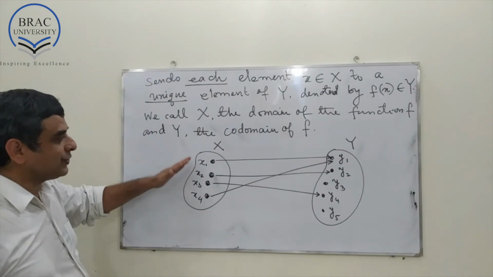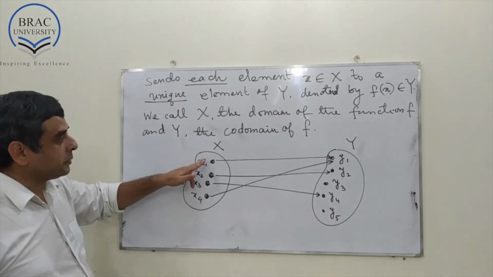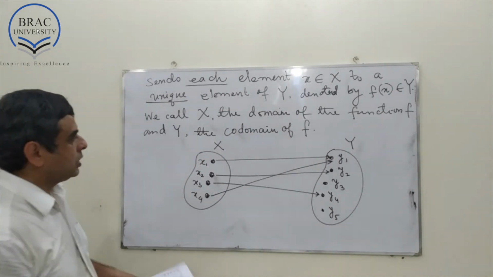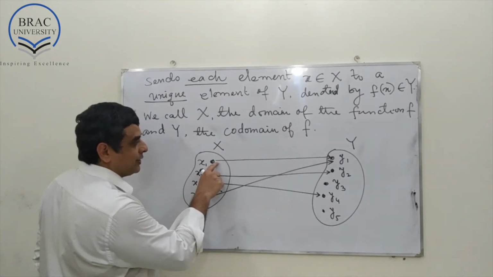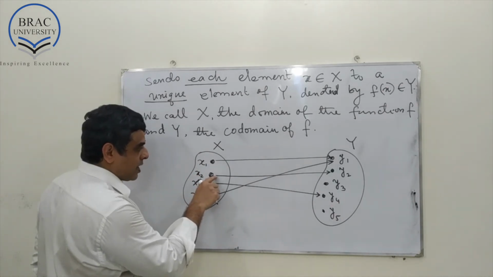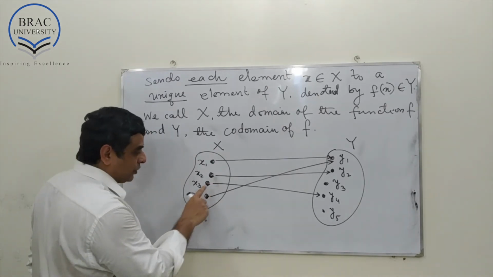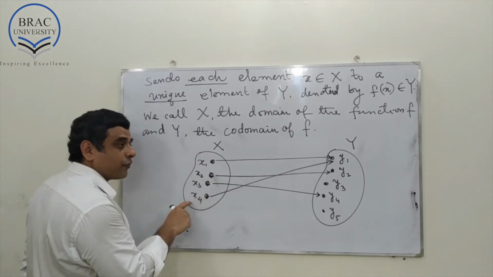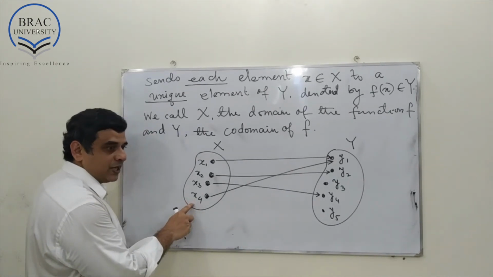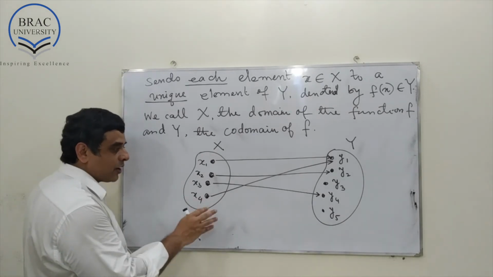So there is always an arrow emanating from each of the elements of X. One arrow is emanated from x1, another from x2, also from x3, and another from x4. There is no element from which an arrow is not emanated.